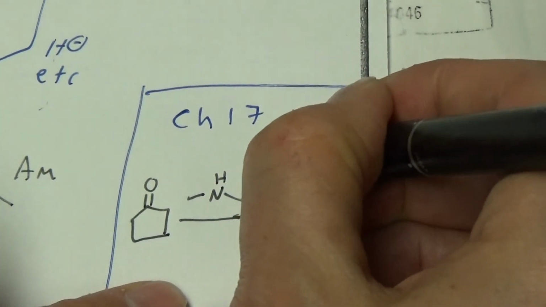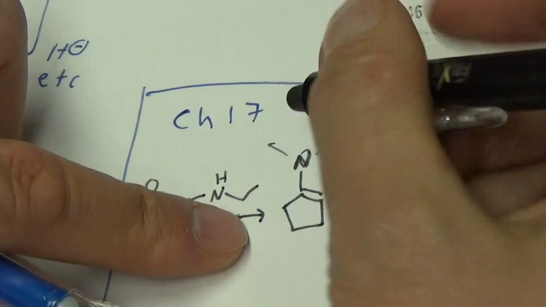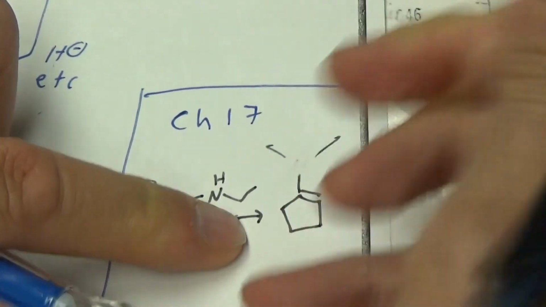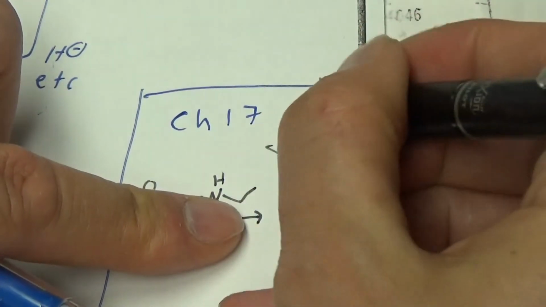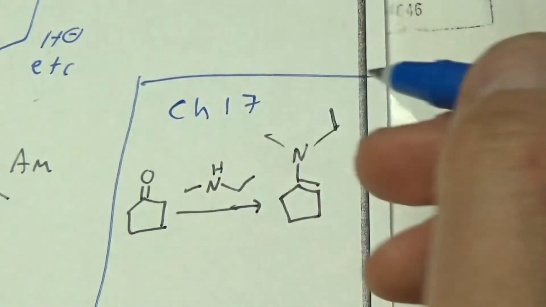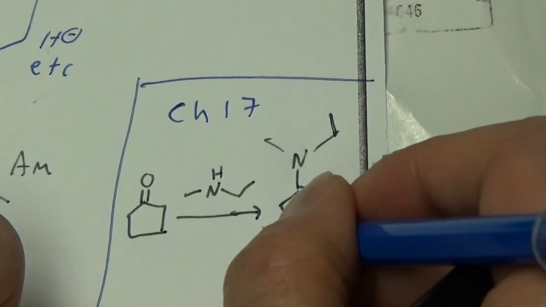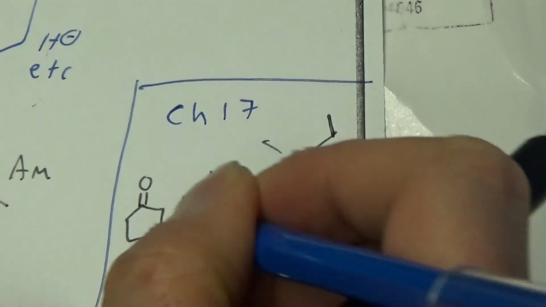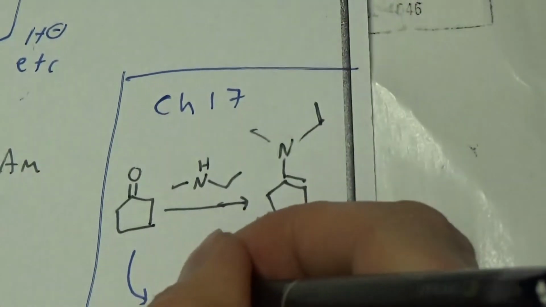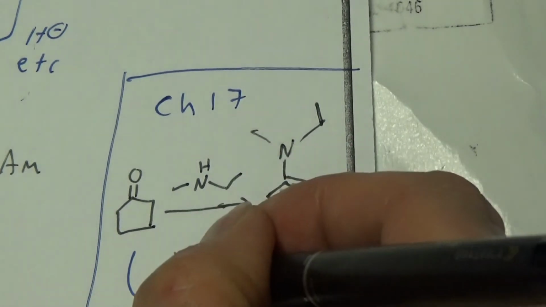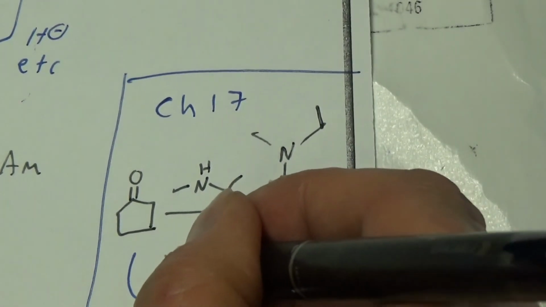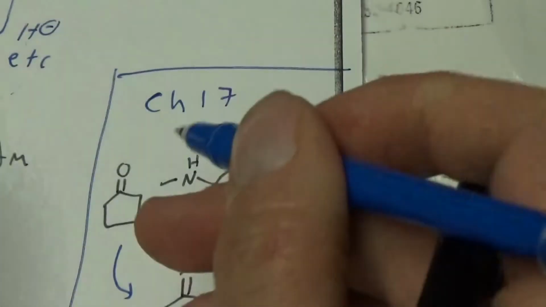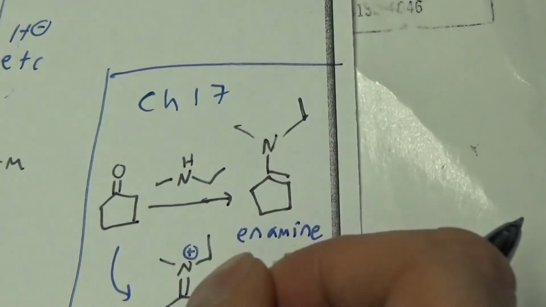Remember enamines? Just want to review that word. Enamine is an alkene meets an amine, right? And when you learned about this, we did show how an iminium formed in the process of this. Iminium.